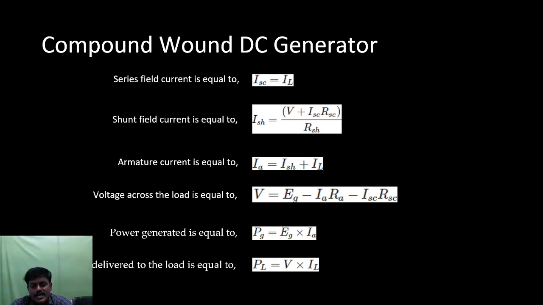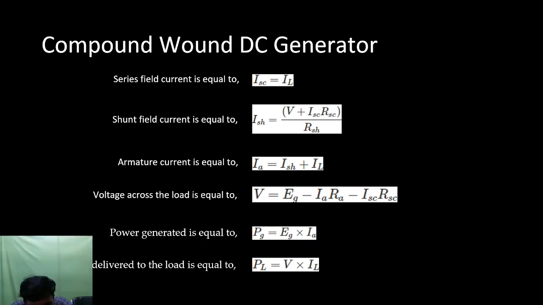As in the diagram, the voltage across the load is the generated EMF, EG, less the armature drop and less the series field drop. The generated EMF drops across the armature as well as the field, so I can write V equals EG minus IA RA minus ISC into RSC.